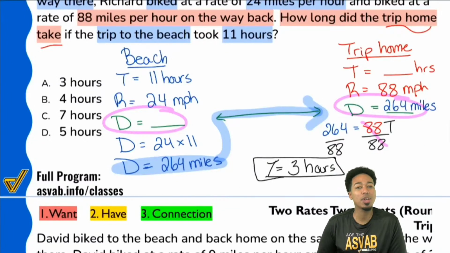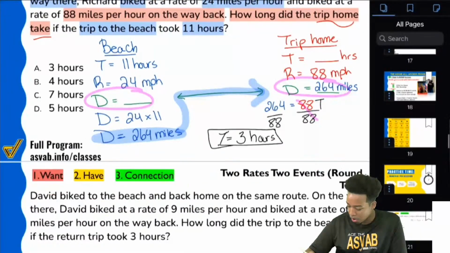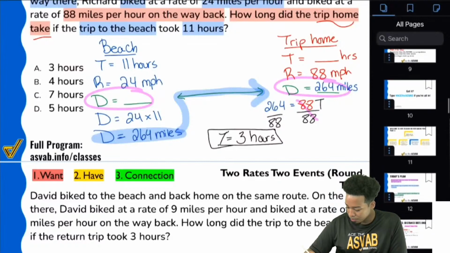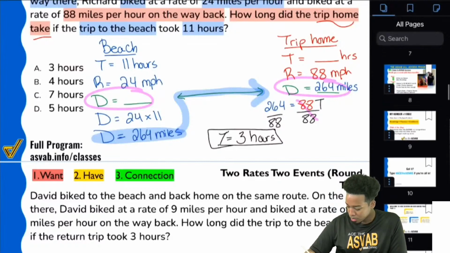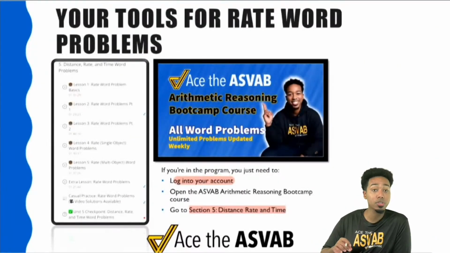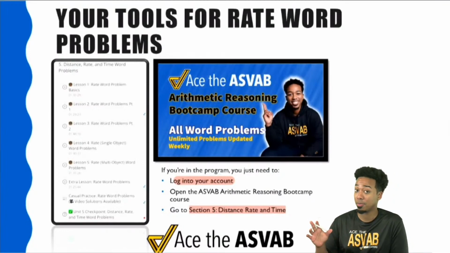So as a reminder, once you're done with today's class, for those of you that are in the program, the best way to continue moving forward is going to be right over here. Just kind of show you where we were. Boom. In the Arithmetic Reasoning Bootcamp course, again, the AR Bootcamp, I'm not always going to recommend skipping ahead if you're not done with the math basics.